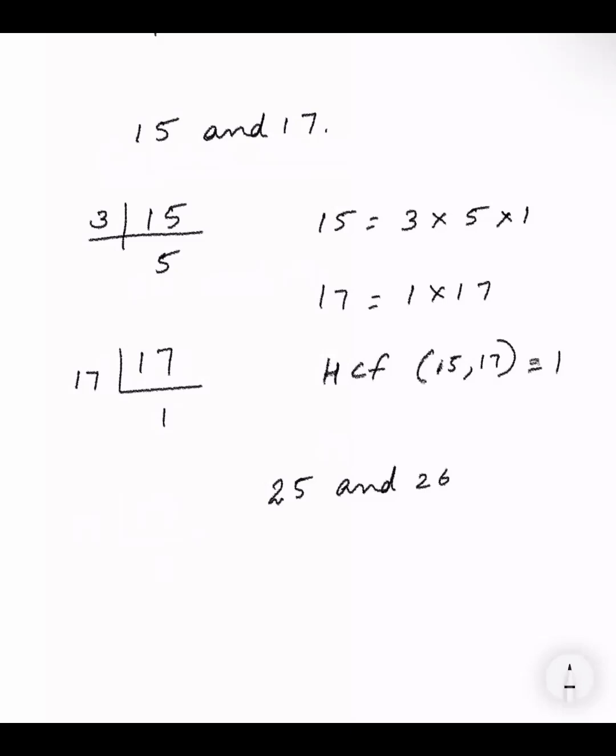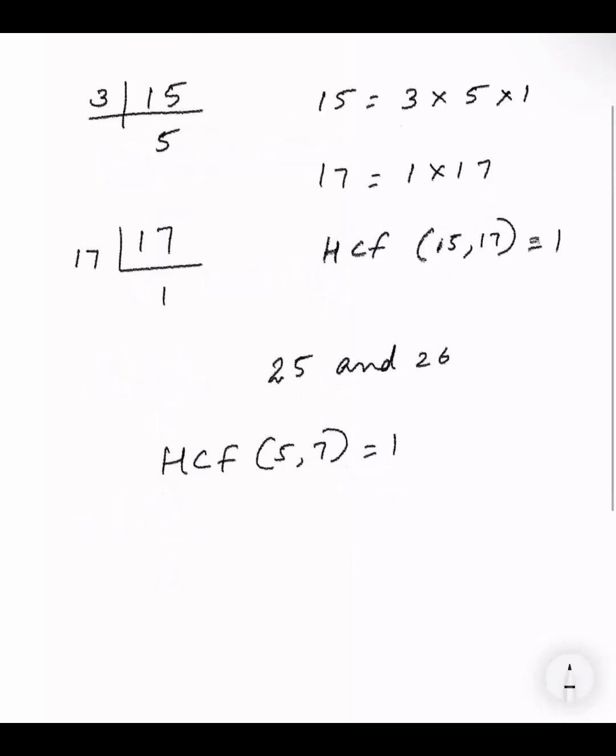The HCF of 5 and 7 is again 1. So 5 and 7 are also coprime numbers. The common factor between 5 and 7 is 1. There are no other common factors between them. Such numbers are called coprime numbers.